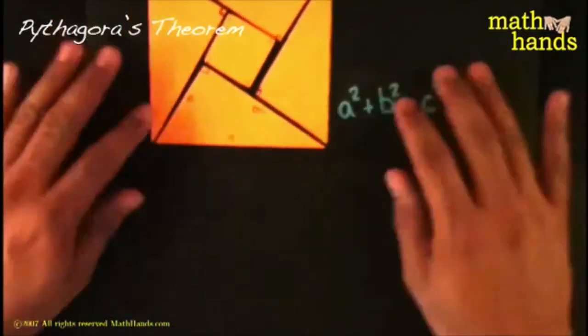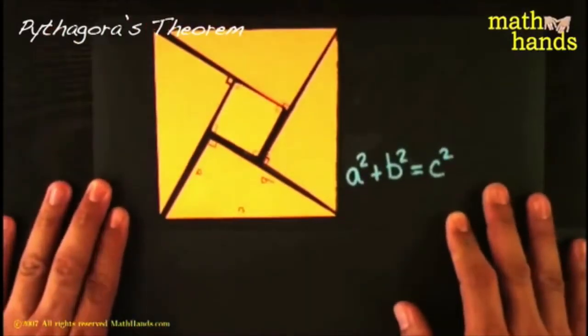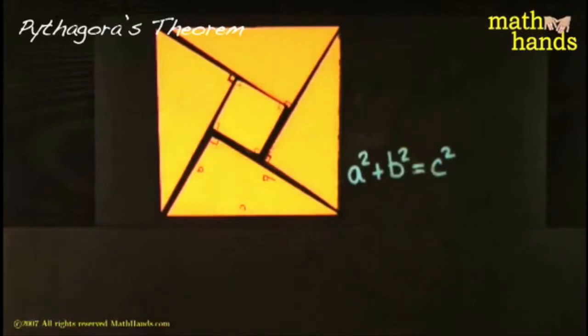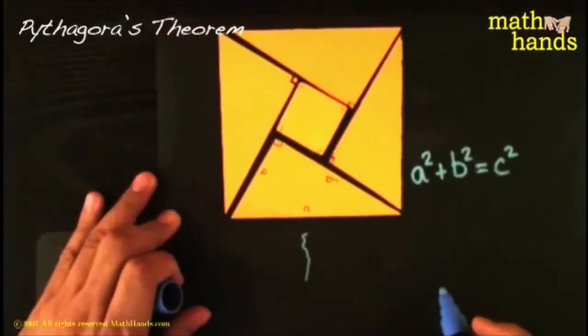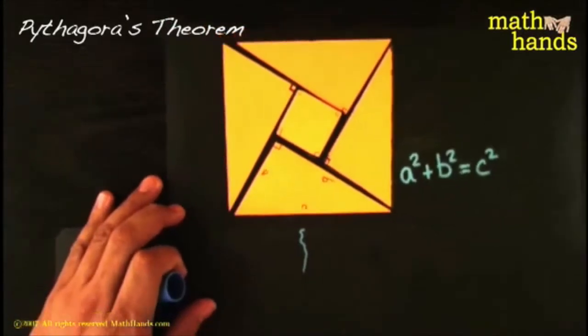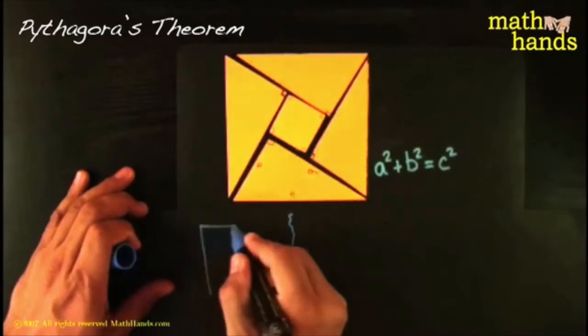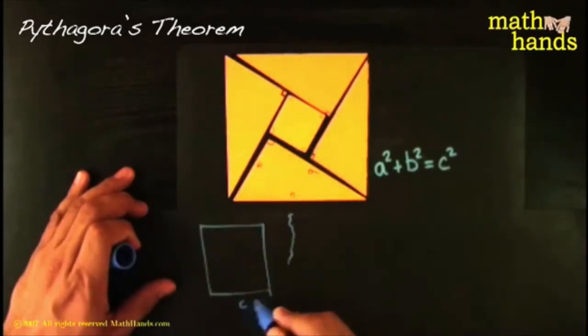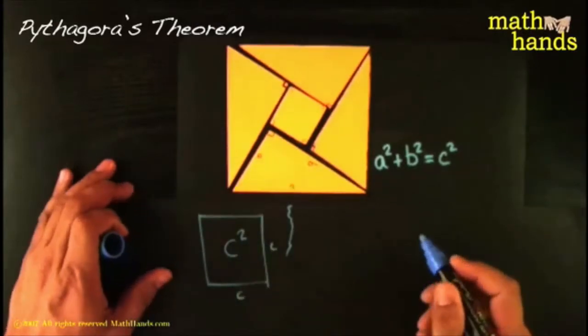And that's the amazingly creative idea: to take that big square and look at it in two different ways. Specifically, we're going to look at the area of that big square. Let me see if I can zoom you out just a little bit. On the one hand, that's a big square where the sides are C and C, so the area would be C squared.